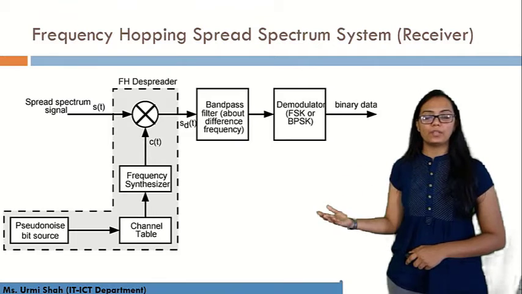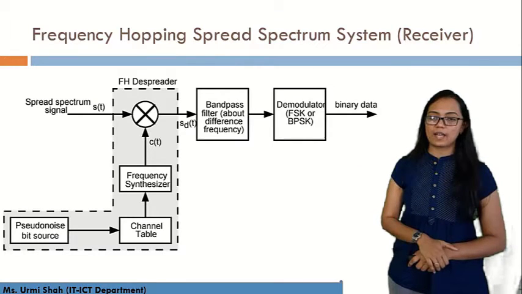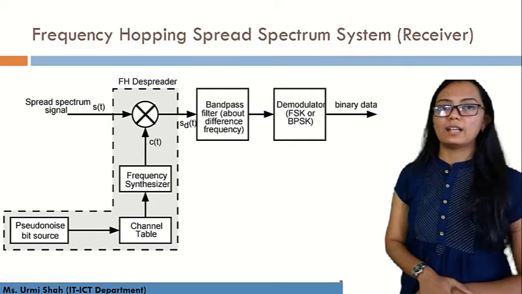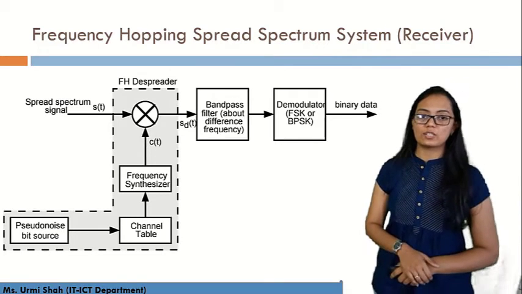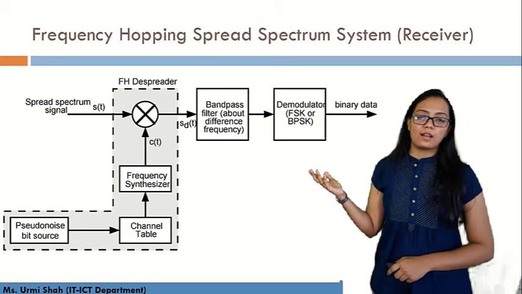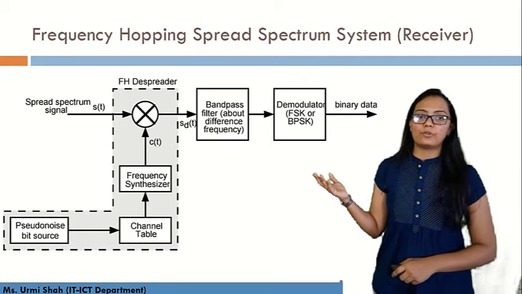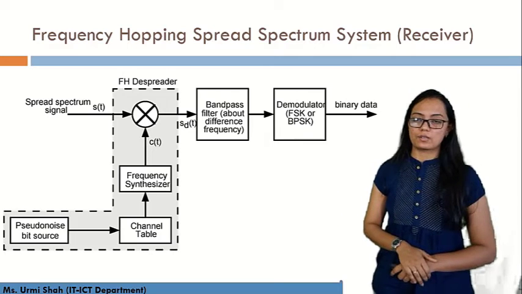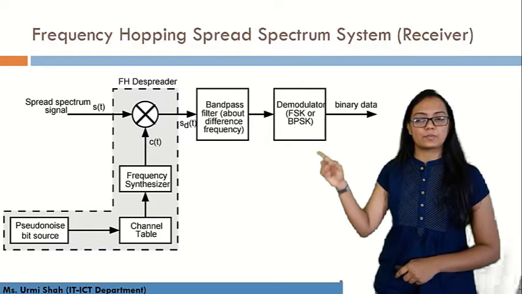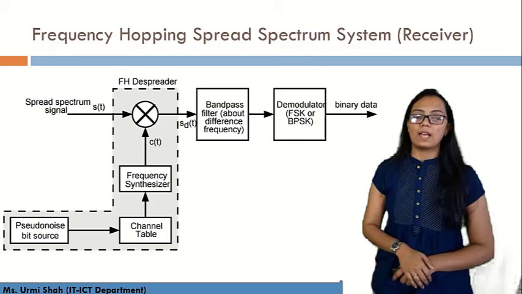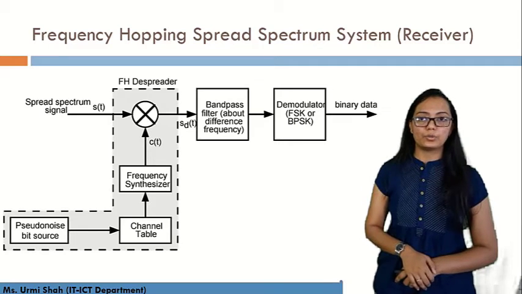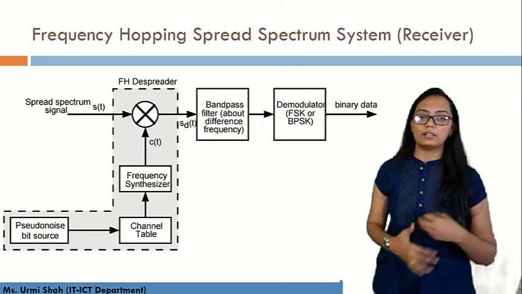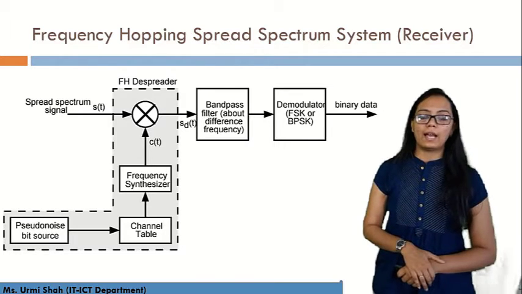Next, moving ahead to the receiver side. In the receiver side we have another circuit which takes the output generated on the transmitter side as its input. The spread spectrum signal S of t is the input to the FH spreader, which performs demixing of the signal.